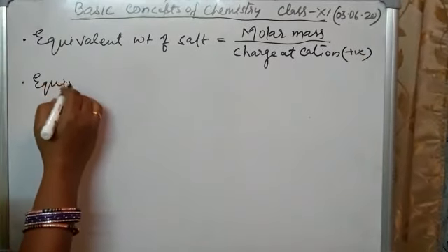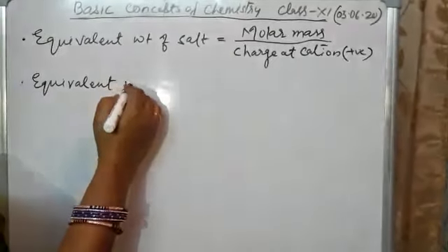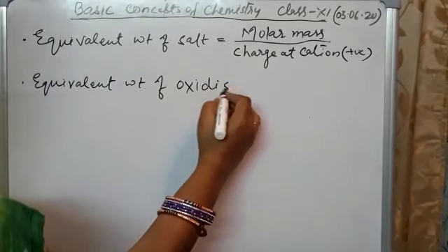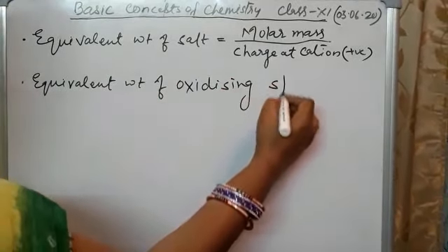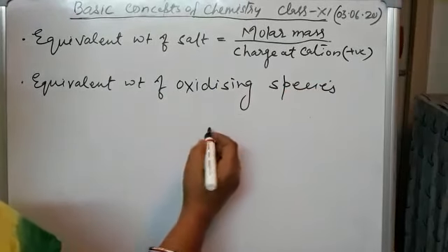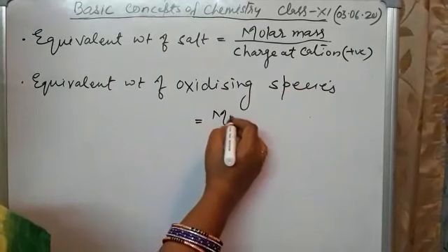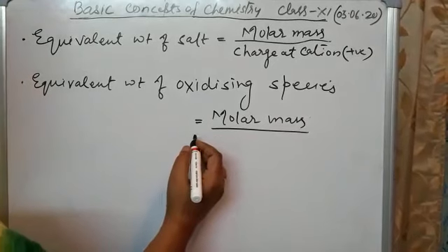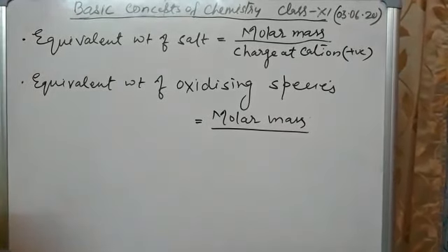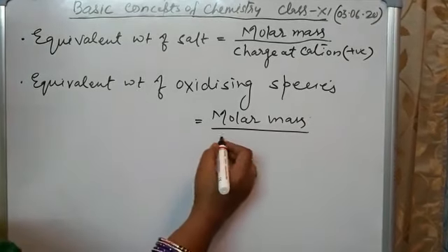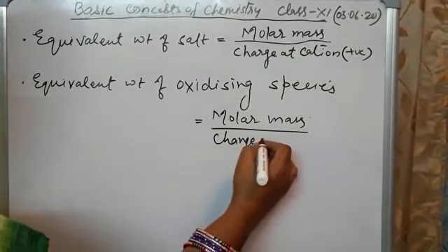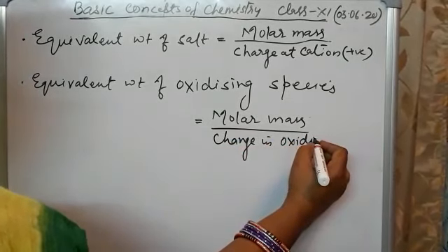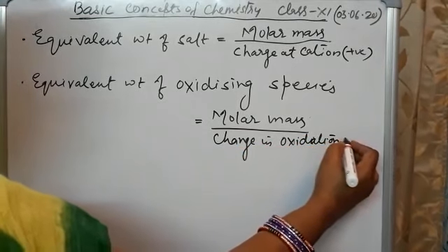Equivalent weight of oxidizing species equals molar mass by change in oxidation number.